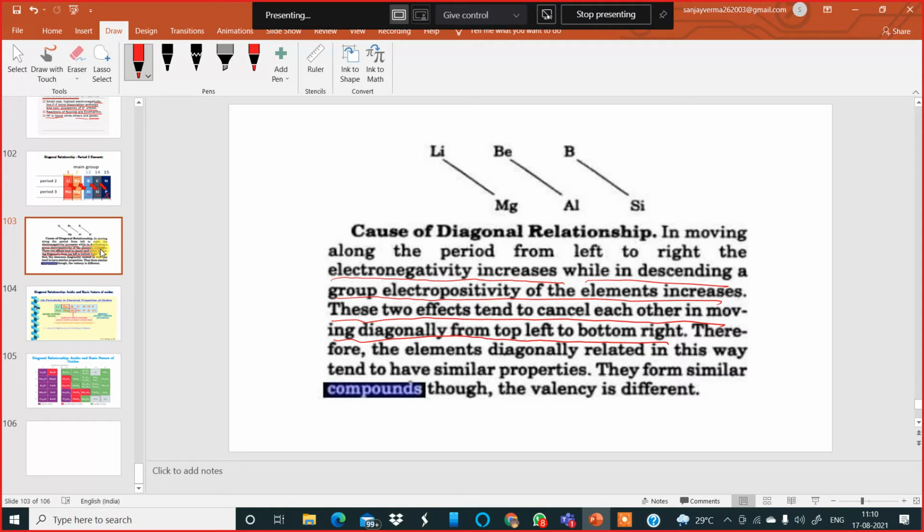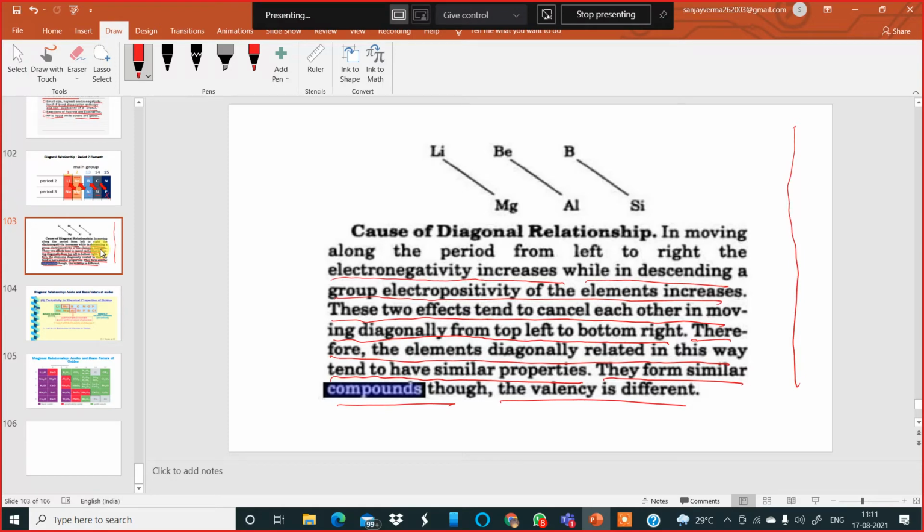Therefore, the elements diagonally related in this way tend to have similar properties. They form similar compounds, and if they form compounds, they can be covalent compounds, though the valence is different for all of them. So that is the main reason for elements of the second period placed diagonally to the third period elements having similar properties. Because what is cancelling over here?